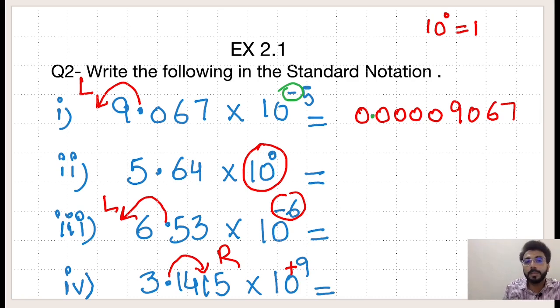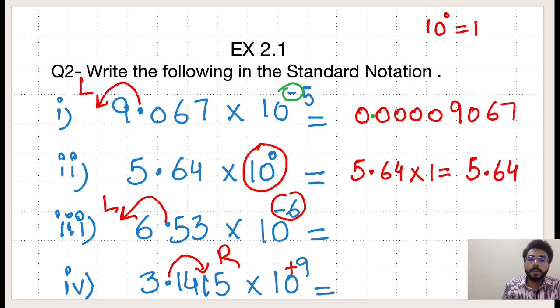So we have moved the decimal point 5 digits toward the left side. In the second part, as 10 raised to the power 0 is 1, our answer will be 5.64 multiplied by 1, we get the same answer, 5.64.